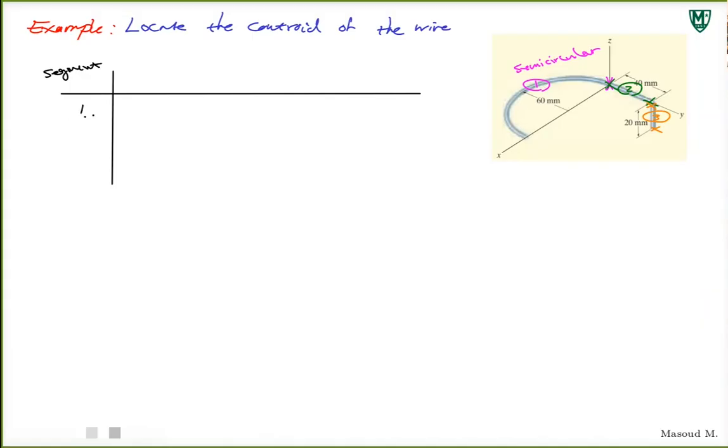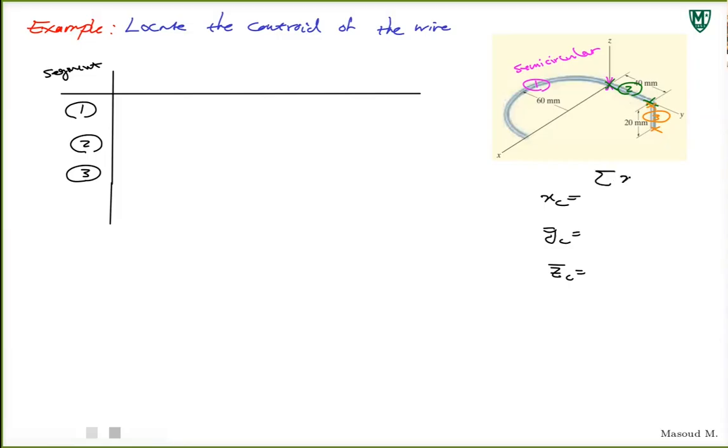We have segment 1, segment 2, and segment 3. I probably should extend this because we need more. Now for each segment, here's what I'm trying to calculate: XC, YC, and ZC.